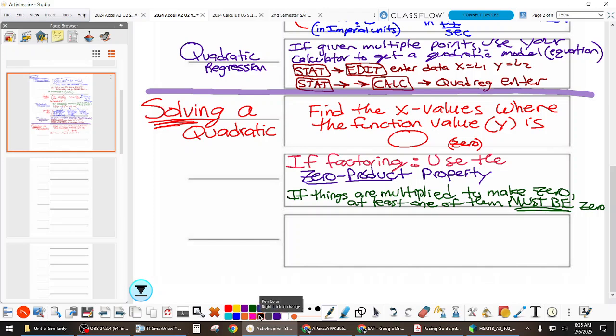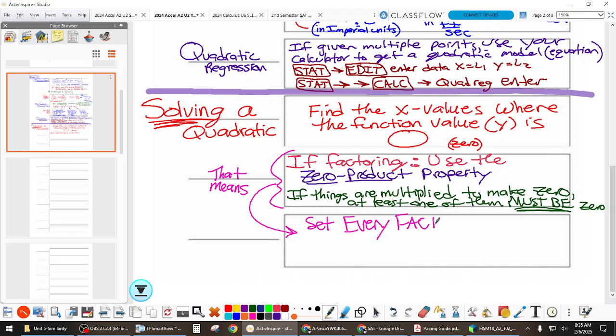Okay, so the result of this, you're going to set every factor that has a variable equal to 0 and solve each.